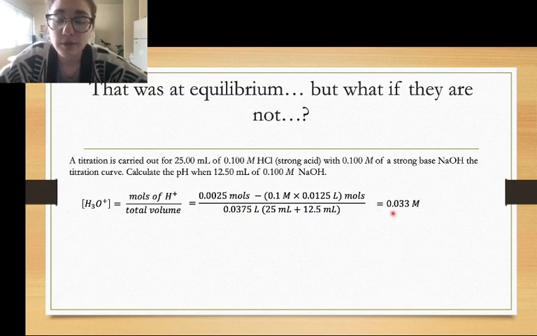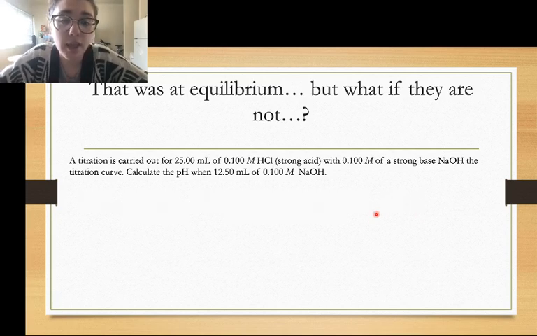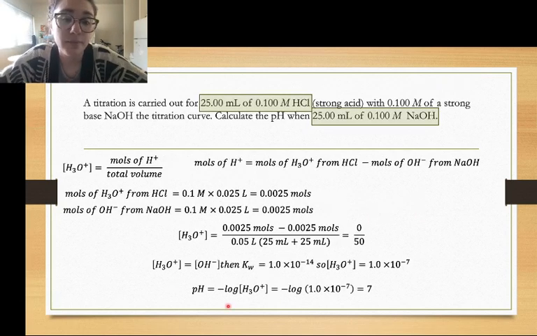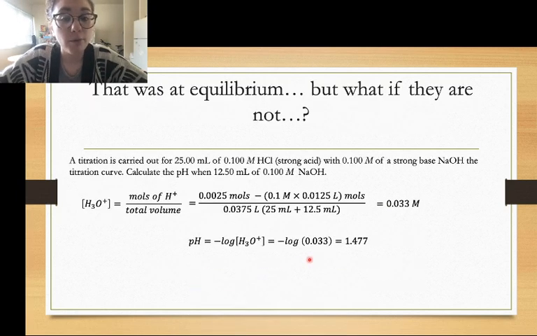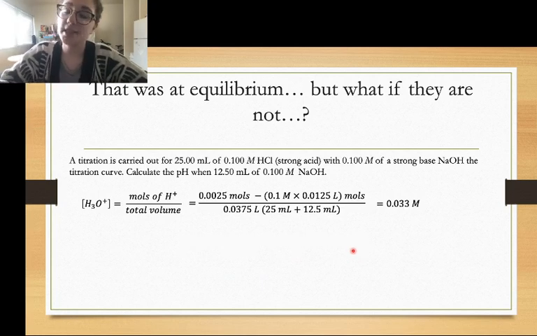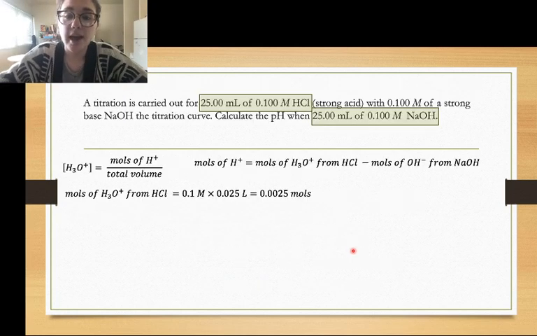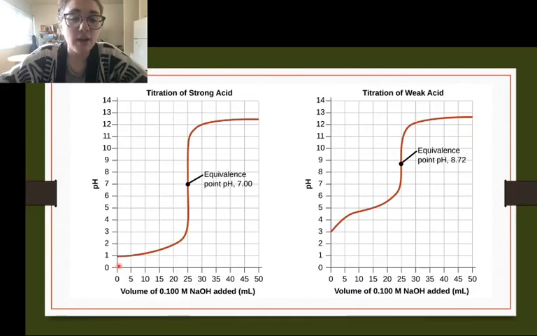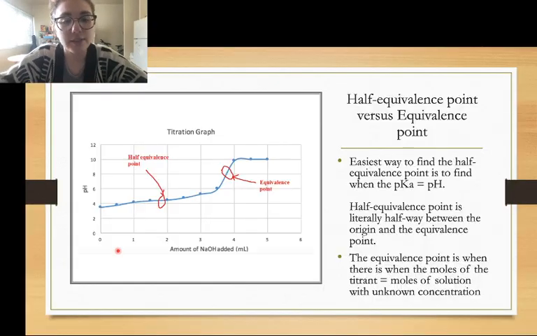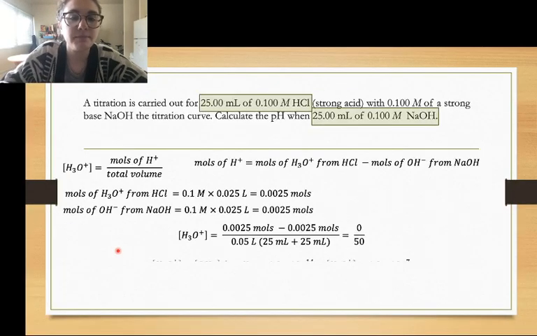That equals 0.033 moles of my hydronium ions, and then I plug it into the same equation as before: negative log of the concentration of H+, and that again gives me my pH, 1.477. Again, this makes sense, right? Because I have not reached the equivalence point yet, so the strong acid is still in control, and I have not added enough base to reach equivalence. So that makes good sense to me. Wonderful.